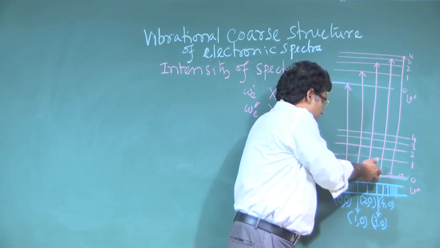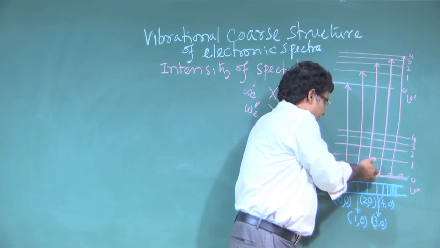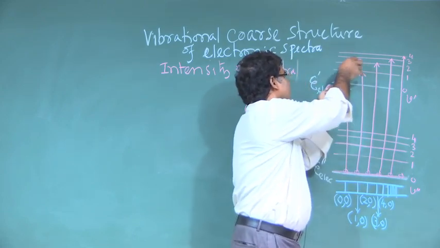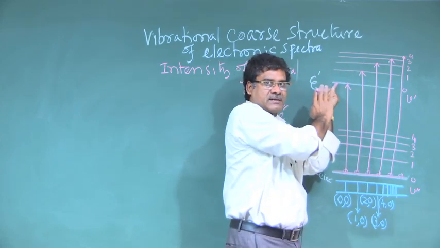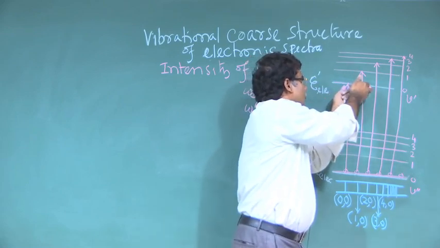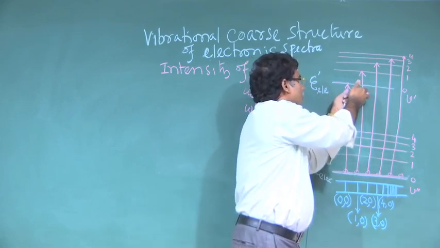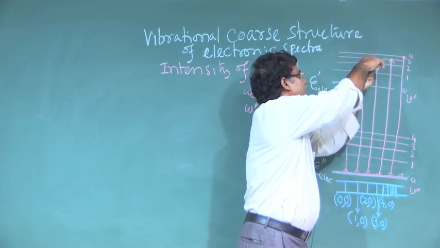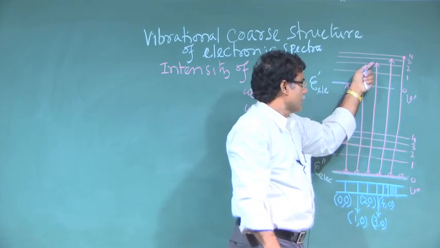Now, what is the probability to go from here to there? So, this is the electronic state that is fixed. Now, what is the probability to go in this vibrational energy state, or this vibrational energy state, or the other vibrational energy state, okay.